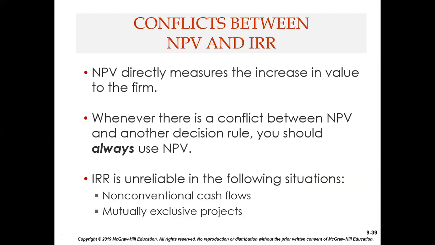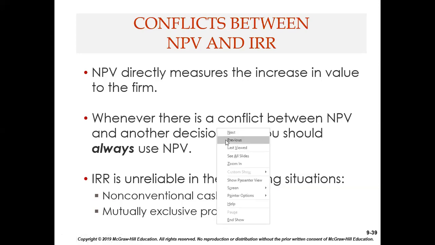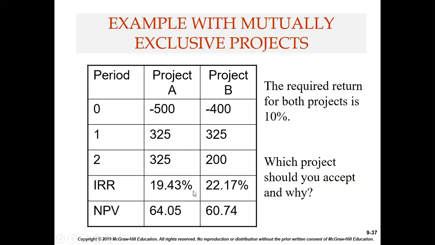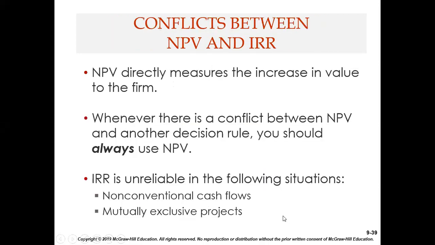Even though it looks like you should select the 22.17%, in reality, that's not a true rate of return when you're looking at mutually exclusive projects. You should select the one with the higher net present value.